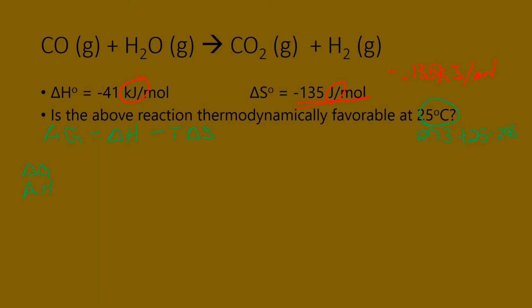So I list my variables: delta G, delta H, T, and delta S. Delta G is what we're looking for. Our delta H is negative 41 kilojoules per mole.